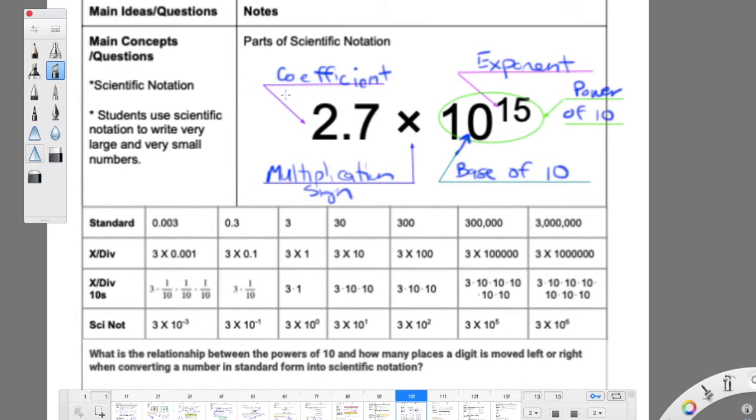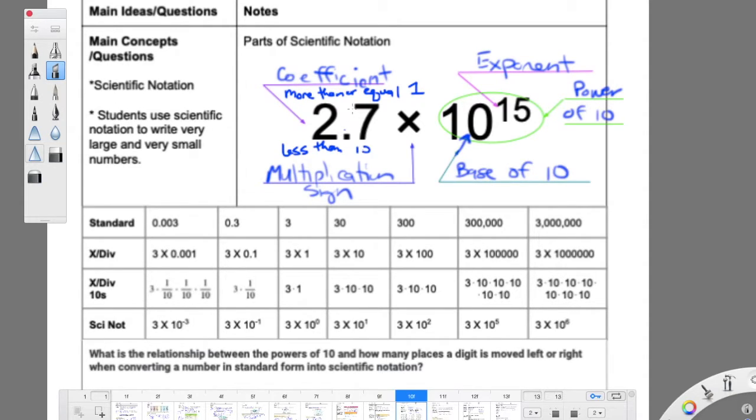It needs to be more than or equal to 1. So it has to be more than or equal to 1. Right here, that's the number I'm talking about. So 2 is more than 1, so we're good. But it has to be less than, not equal to, just less than 10.